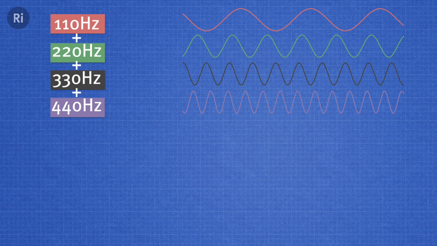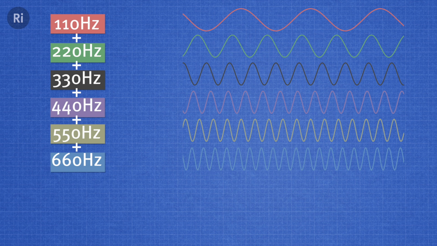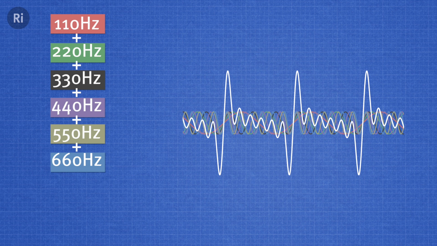We can explain this if we look at what actually happens when we add these waves together. The resulting sound wave is a lot messier, but it still has a regular repeating pattern, and the period, which is the shortest repeating section, is exactly the same as the fundamental. This is what determines what we perceive as pitch.